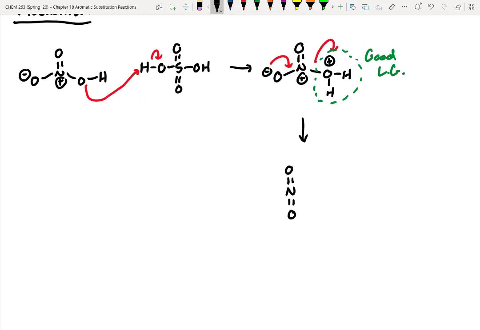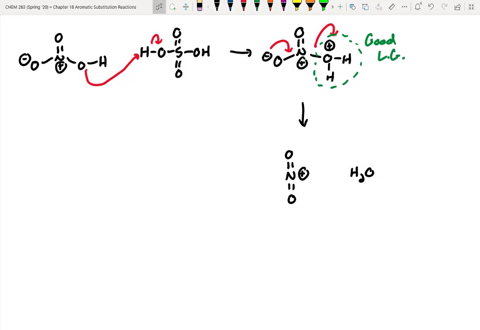We now have nitrogen that's double bonded to 2 oxygens, and we kicked off water as our leaving group up above, right? So that's going to be our second product. All right, this intermediate that we've formed is called a nitronium ion. It's a really good electrophile.